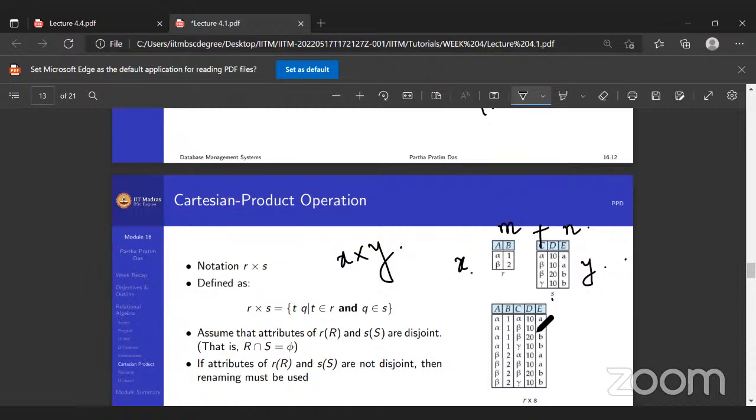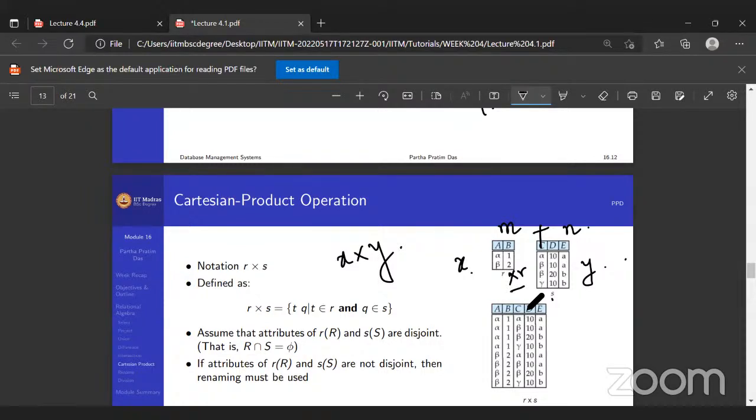If you multiply R into R, then the same number will be repeated: 2 plus 2 is 4 columns, which will be there with a different name, just like in SQL, right? Suppose we are doing R into R, then the columns will have different names, like RA, RB.